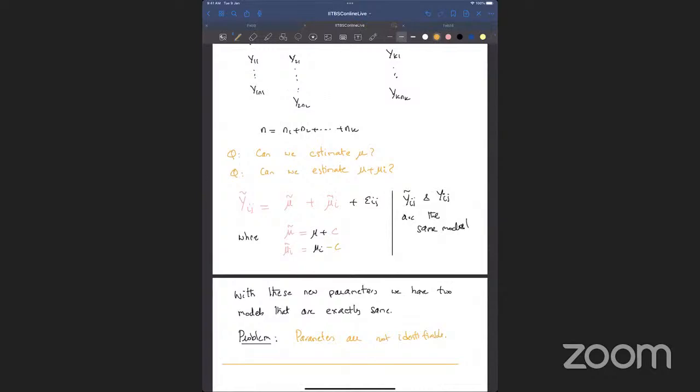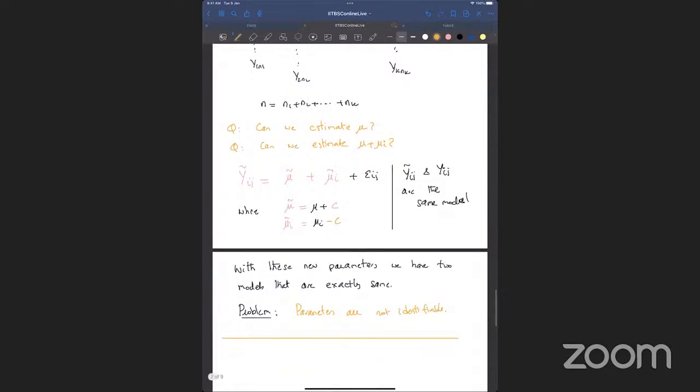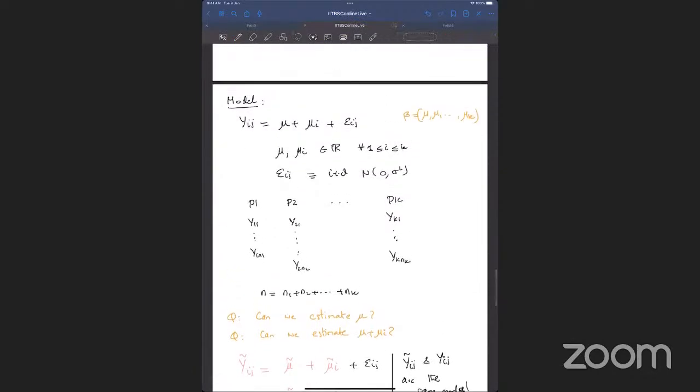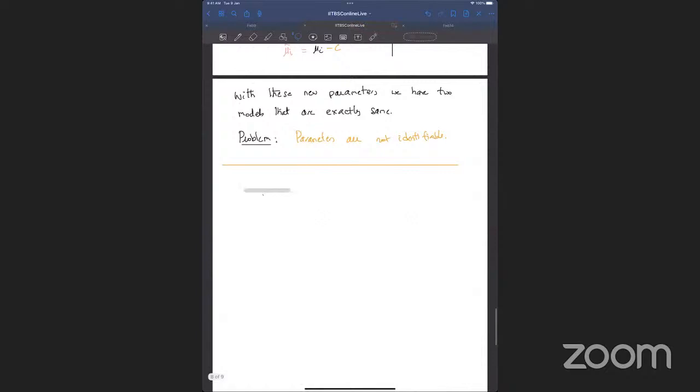So what's going on? Let me phrase it in the y equals x beta situation. If I take beta to be exactly like this vector, I think I always called it beta bar.